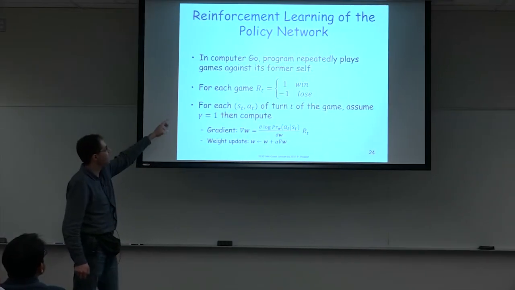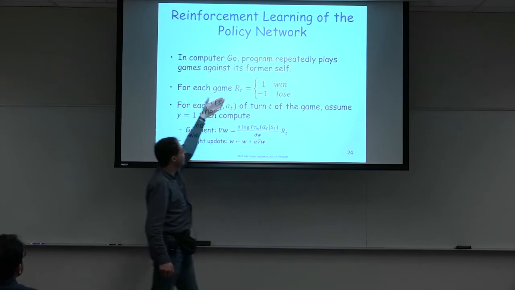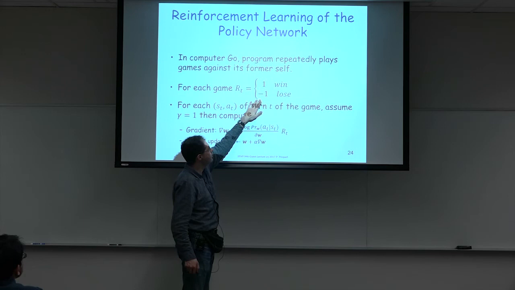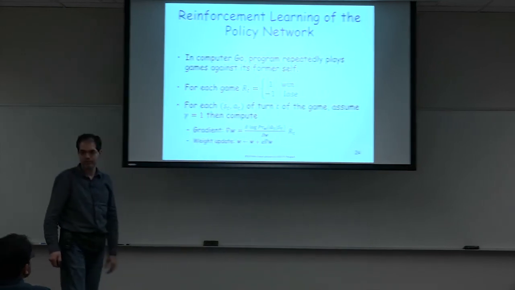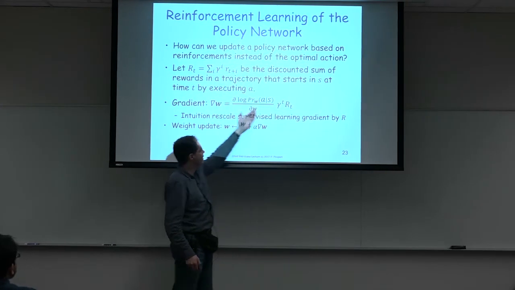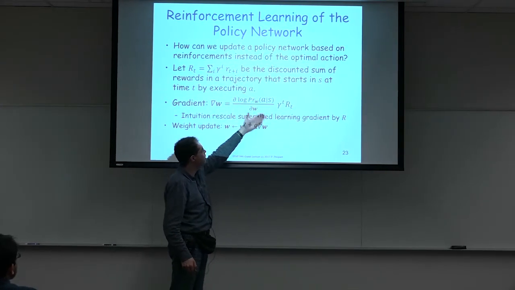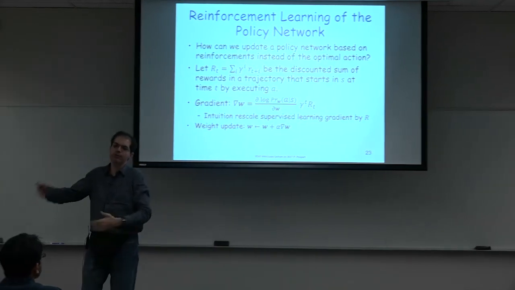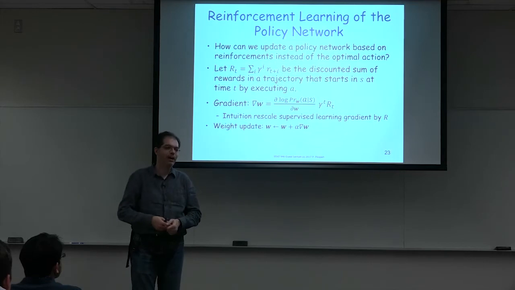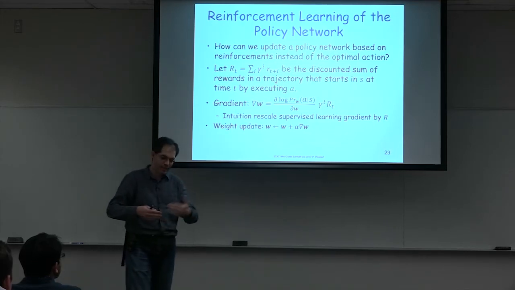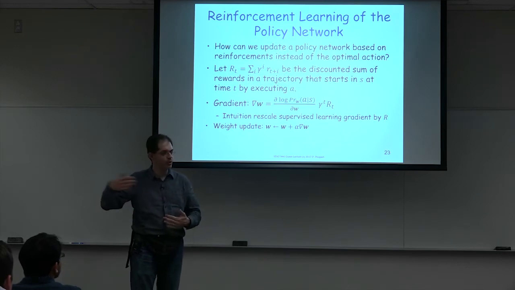In this case, for each game, if it's a win, then R_T is equal to 1. If it's a loss, R_T is equal to -1. So going back, this makes sense. If it's a win, it means that this action presumably was very good. We don't know if it was optimal; maybe you could win by a bigger margin. In the game of Go, you can count your stones versus the stones of the opponent, and you can win by bigger or smaller margins.